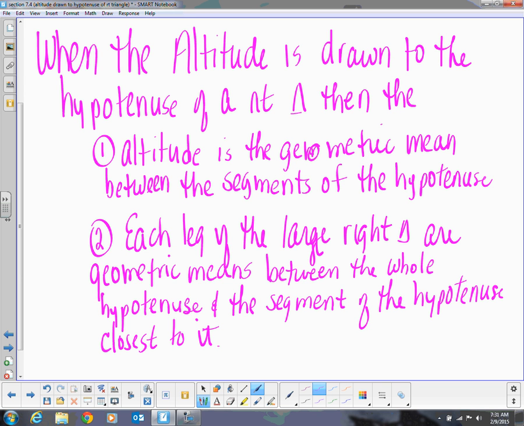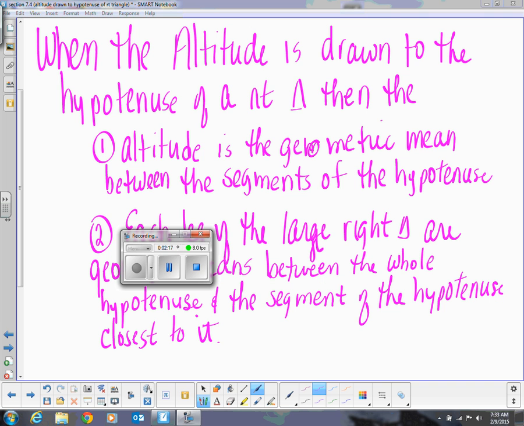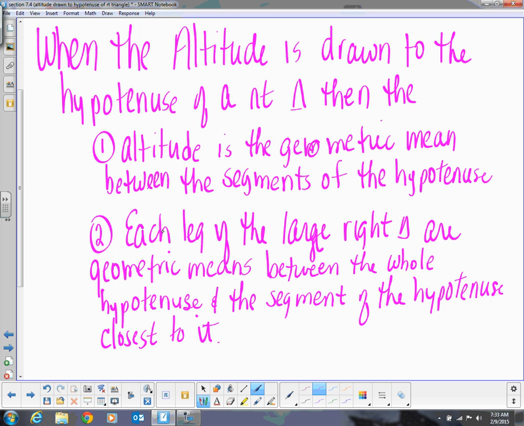It's very wordy, so I would pause. It means the altitude will go in the mean position of the proportion. Each leg of the large right triangle is a geometric mean, so they go in the mean position.